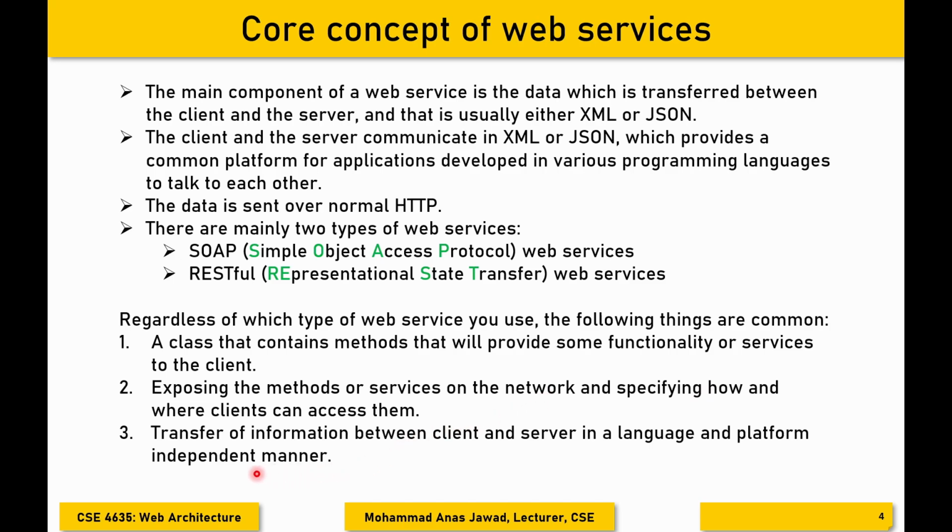And finally, the transfer of information between the client and the server happens in a language and platform independent manner. Just as we discussed earlier, either XML or JSON is used to transfer the message between the client and server. That ensures that the transfer of information is language and platform independent, right?